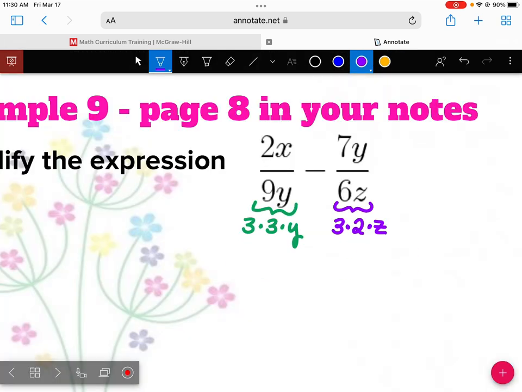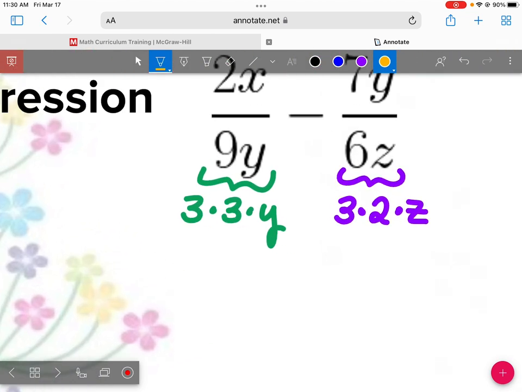I always want to factor my denominators, whether it's monomials like this or polynomials like we did on the bell work. I start off by factoring the denominators and I identify what is the same about them. And you said they have what factor in common? 3.